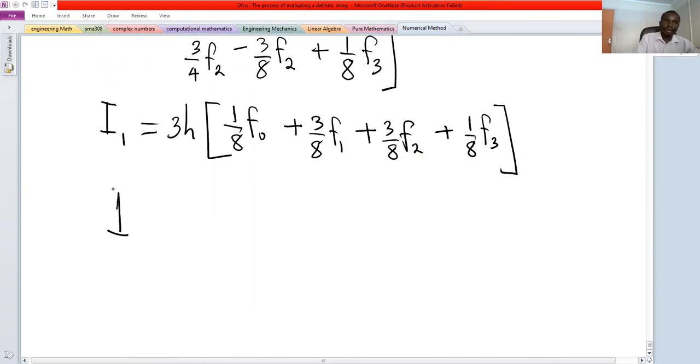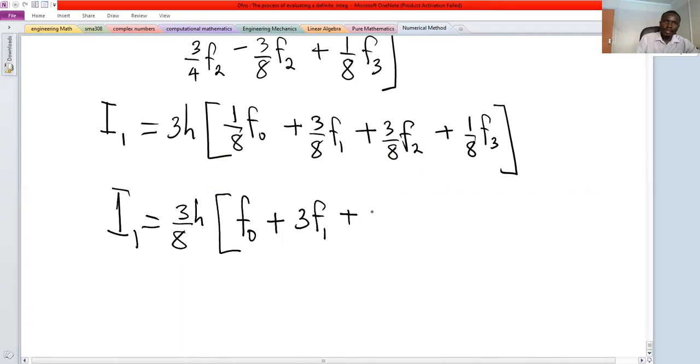So we have I1 equals 3/8 h into F0 plus 3F1 plus 3F2 plus F3.